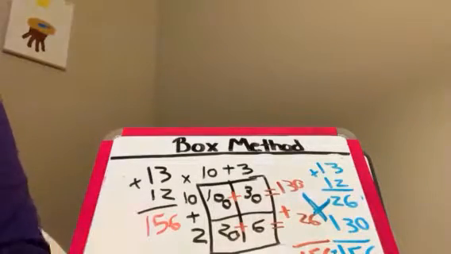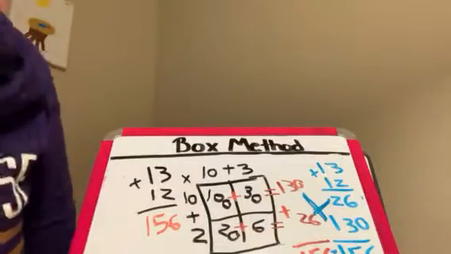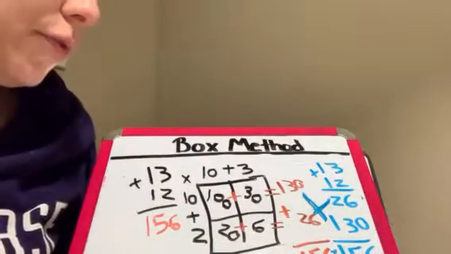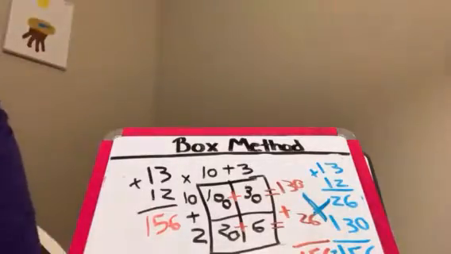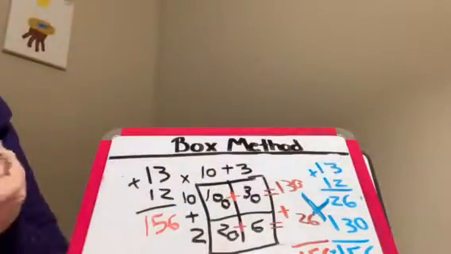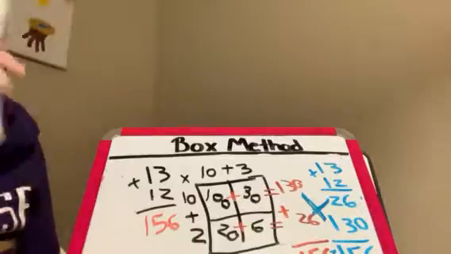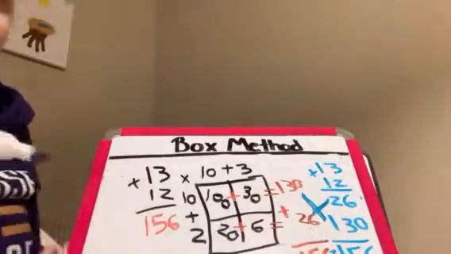So now the potential errors that students can make are really the same as they were with the reverse box method, just mostly mental math errors, like adding this 100 plus 30. Sometimes when they do that in their head, they want to do it left to right like we read, but that's not how we add our numbers together.